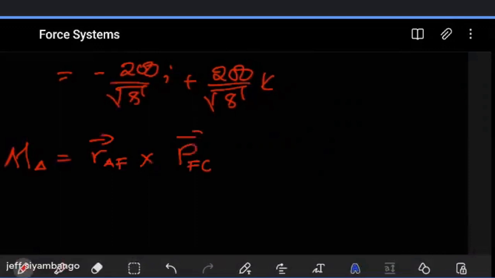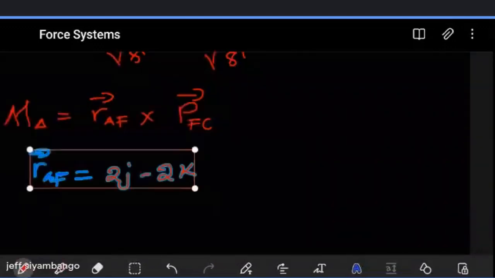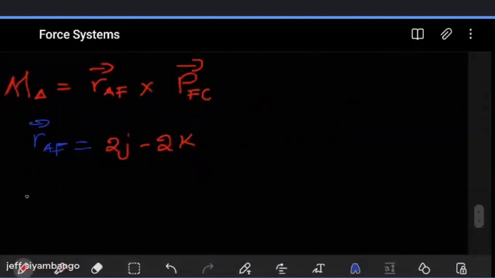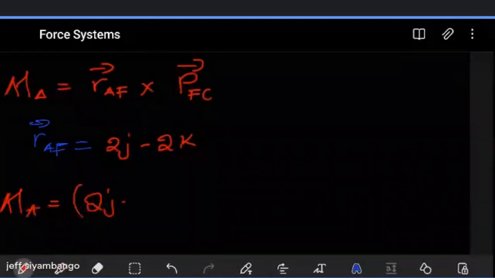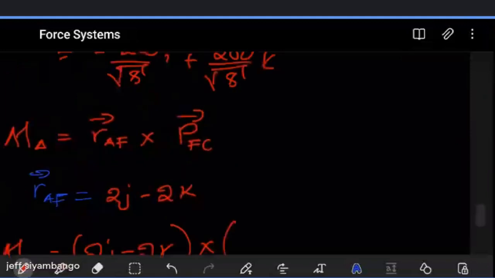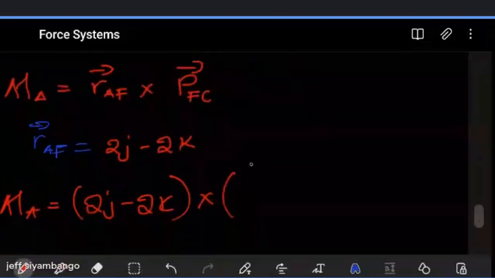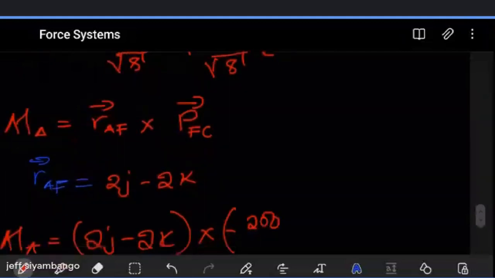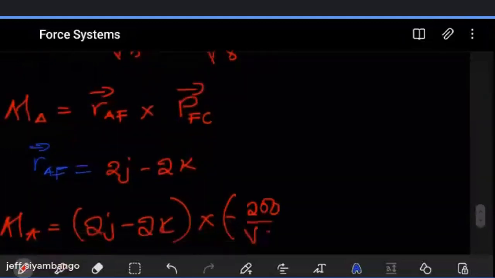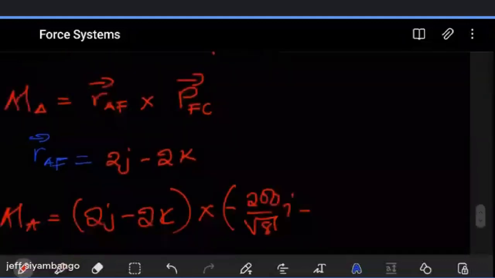So my position vector is this one. So my moment will be equal to the cross product of 2j minus 2k, then cross the force vector, which is minus 200 over root 8 i plus 200 over root 8 k.